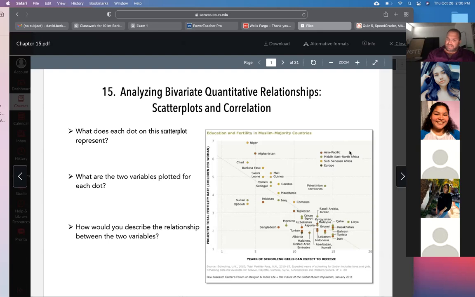Anything that severely stands out? It doesn't stand out too much, but the Palestinian territories, just a little bit, but it still kind of correlates. Yeah, the Palestinian territories are slightly more off the line than the rest, but I don't know if I'd go so far as to say that it's far enough out that makes us truly question it. But then again, luckily there's math that can help, various formulas and whatnot. But when I look at it, I don't see anything that severely lends itself to being an outlier.